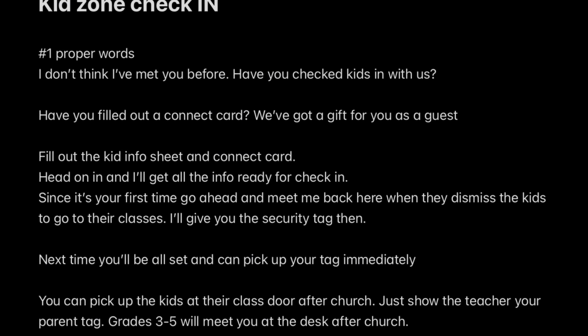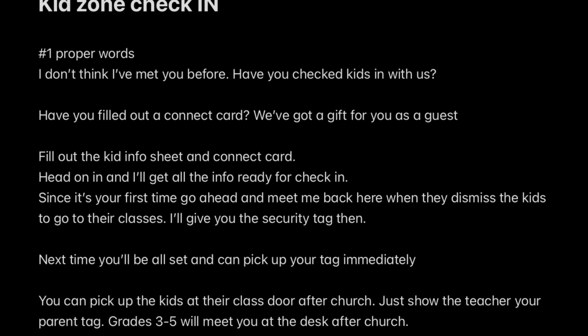And then when they dismiss the kids, just meet me back out here at the desk. When they dismiss the kids, I'll have your tag, their tag. I'll show you exactly where they're going. And then next time you come, they're already going to be in the system. We can get you checked in super quick, and you'll already know how to pick them up, where to go, because you'll already have been through that today.